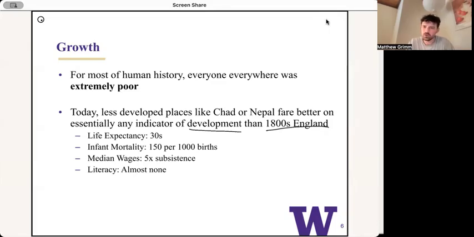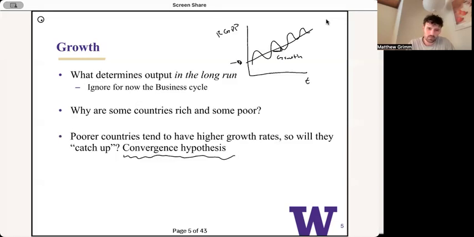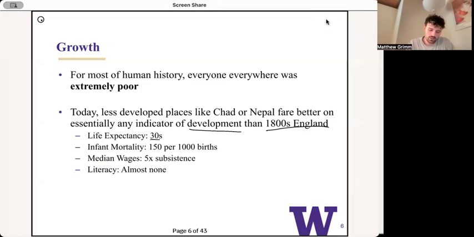We're talking a lot about growth today, but there's a lot of other things to consider when we're talking about how well an economy is doing. England in the 1800s had life expectancy in the 30s. The infant mortality rate was fairly high, and the literacy rate was near zero.